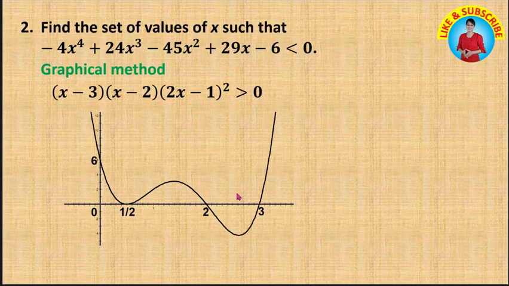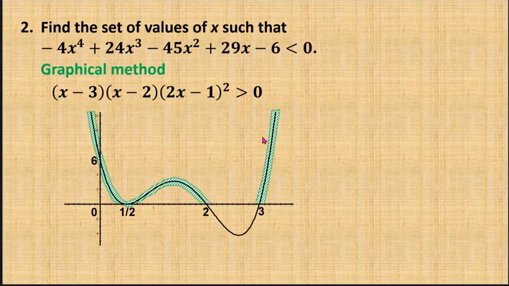Then I'm going to mark the region of the inequality. Since the inequality is greater than 0, the part of the graph which is above the x-axis should be marked. Remember to double check the critical points.